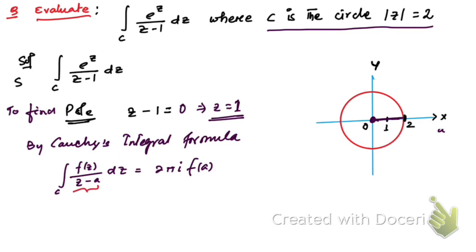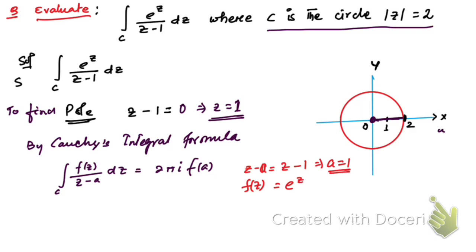Here we can compare z minus a with z minus 1, so z minus a equal to z minus 1. In that case, a is equal to 1 here, and f of z is nothing but e to the power z.